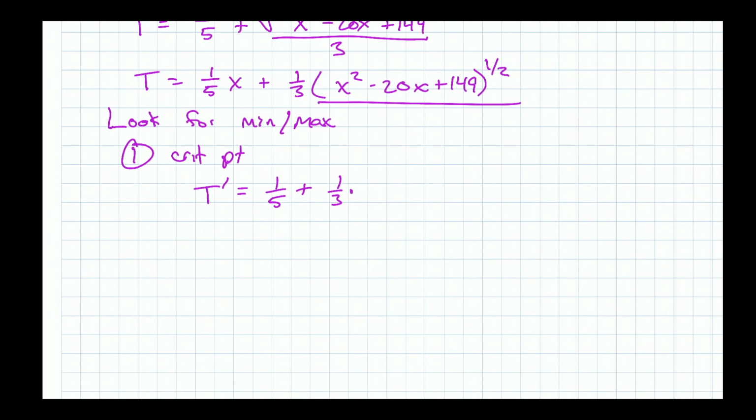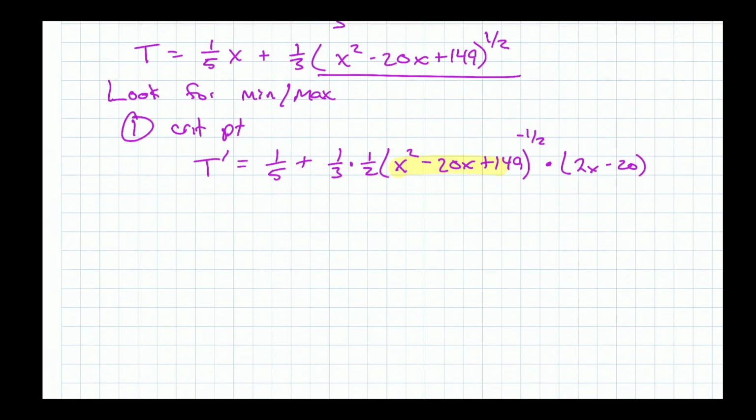So you bring the 1/2 down in front, x squared minus 20x plus 149. Subtract 1 from the power, you get negative 1/2. And then the chain rule makes you multiply by the derivative of what's inside. So the derivative of x squared minus 20x is going to be 2x minus 20.